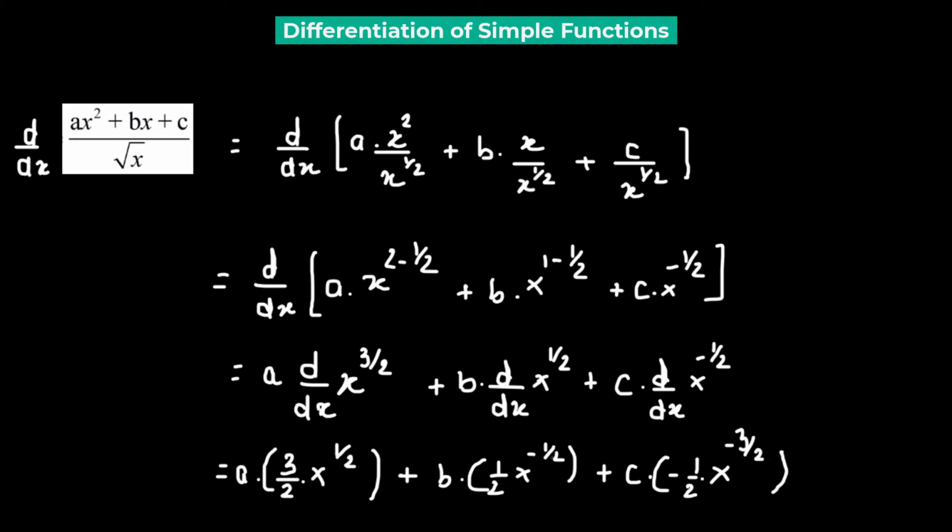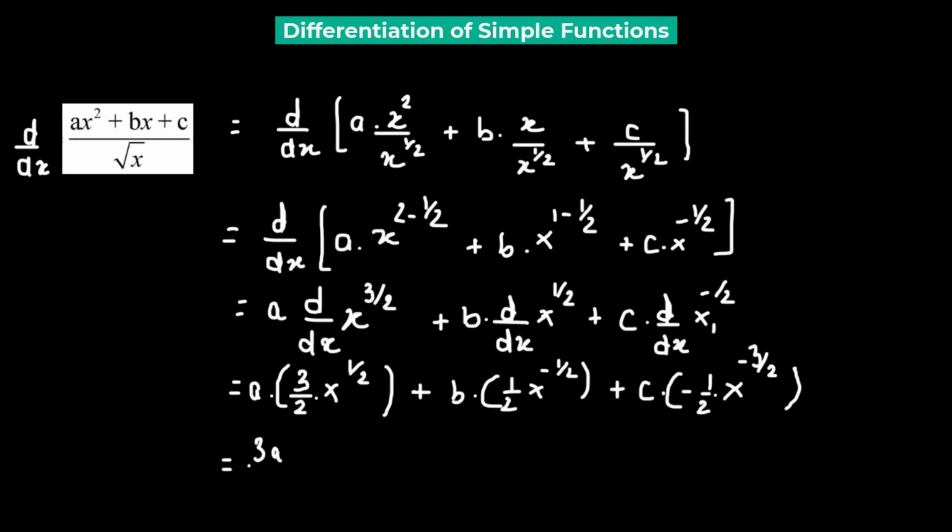So arranging it, we'll get 3a over 2 times x raised to the power of half plus b over 2 times x raised to the power of -half minus c over 2 times x raised to the power of -3 over 2. So this is going to be the derivative of the given function.